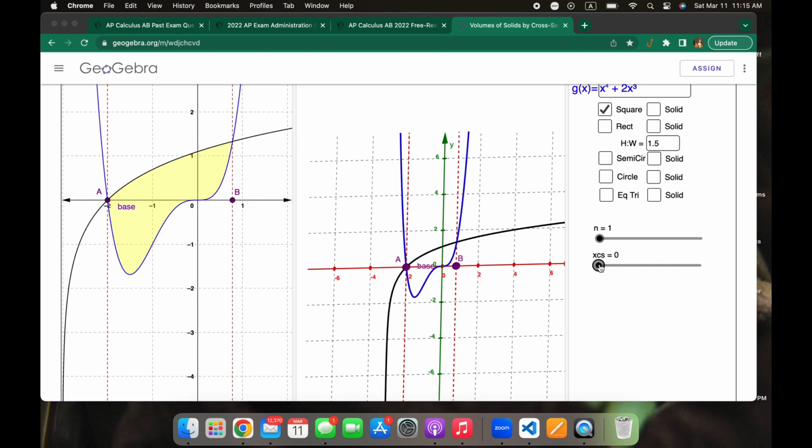But then if you look on the right, you can see a square being built up as this line moving along our base travels.